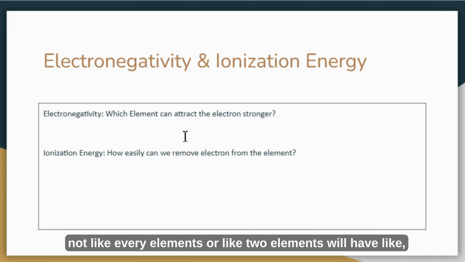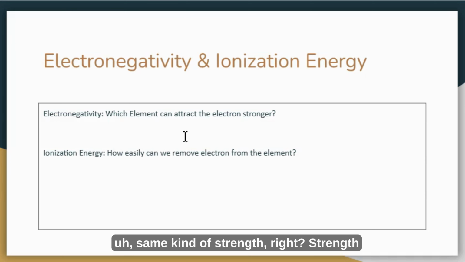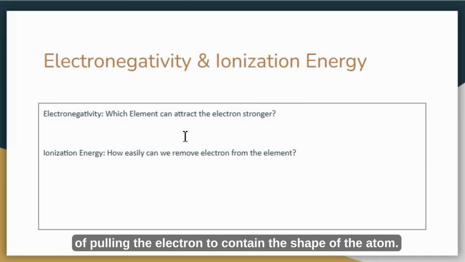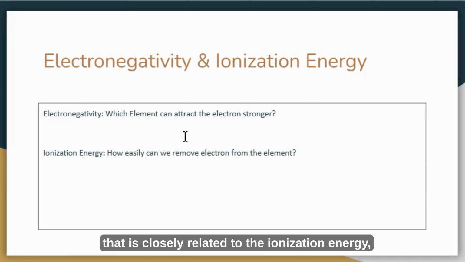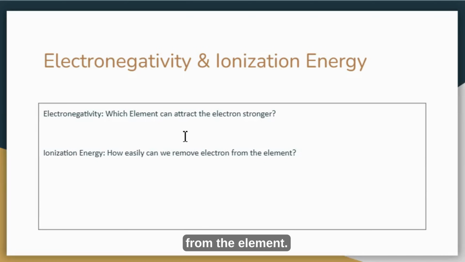Not every element or two elements will have the same kind of strength of pulling the electron to contain the shape of the atom. So that's why the concept of electronegativity has come up, and that is closely related to the ionization energy, which answers how easily we can remove electrons from the element.